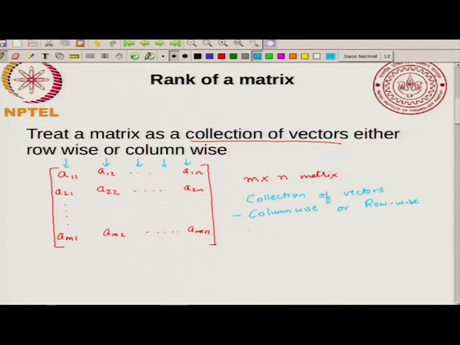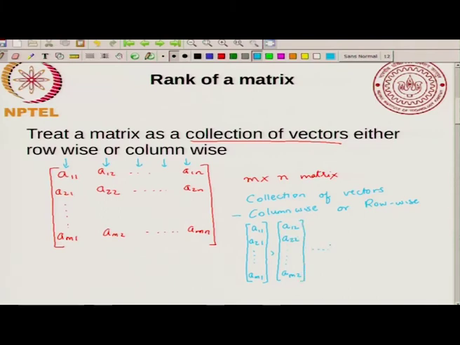So, column wise I would just say A11, A21, I would treat this as one vector. Then I would think of another vector A12 up to AM2.